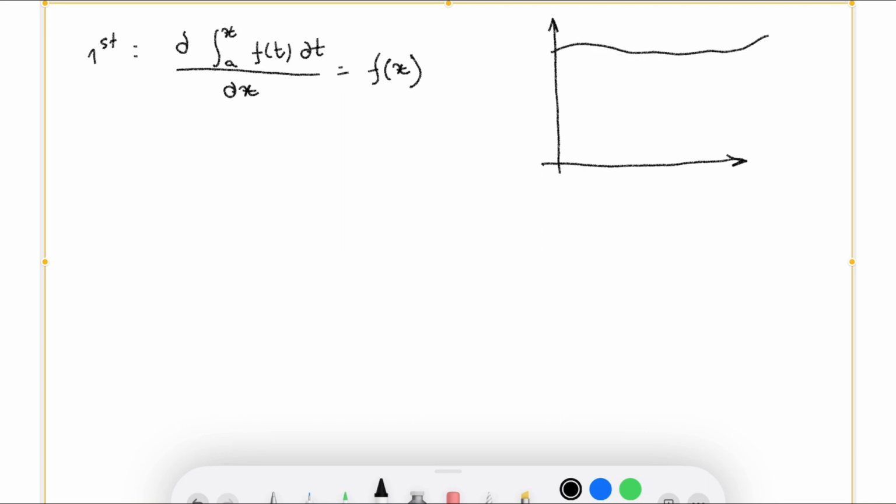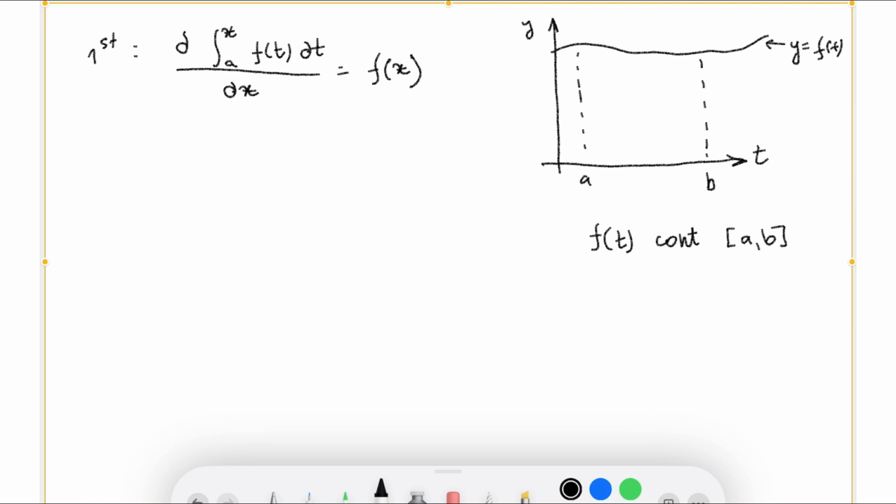Let's say we have a function y equals f of t, and we have two constants, a and b, and the requirement for f of t is that it has to be continuous on the interval ab.